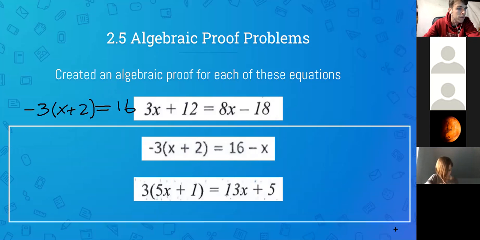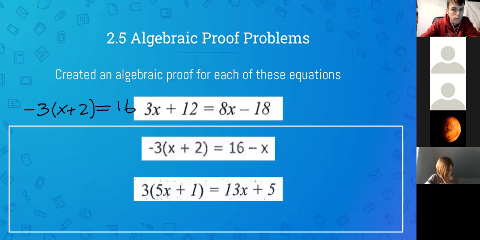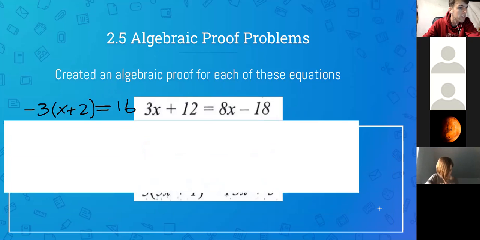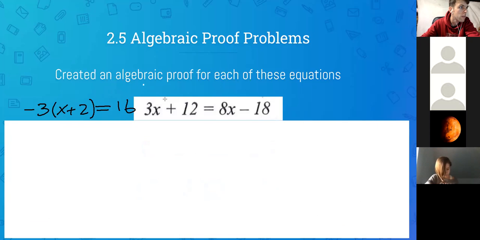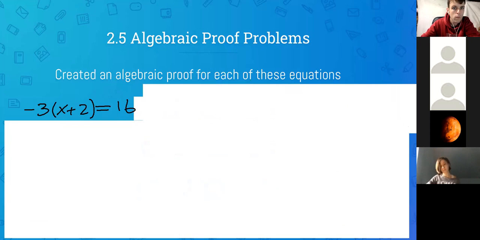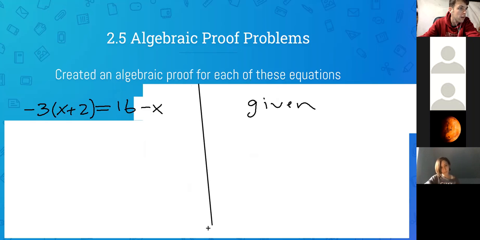I'm going to cover some stuff up just so that I can solve this. And this is my given. So I'm going to go ahead and do this one as our proof example.